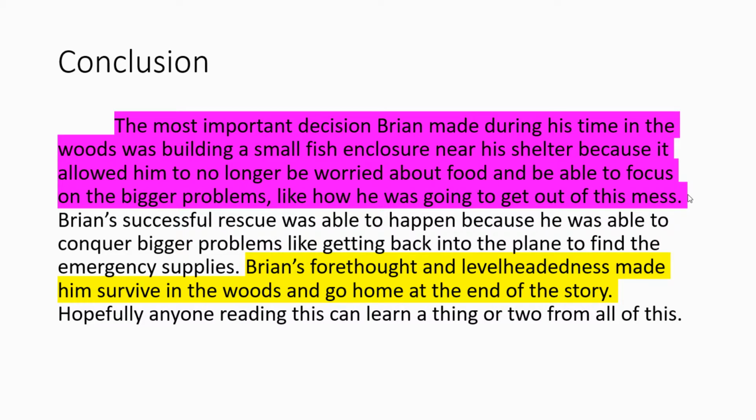The introduction and conclusion are for me to say, listen, this is what you're about to read, or this is what you did read. Okay, sort of repeating myself and making sure that the reader understands at the end of my essay, this is what this person was trying to prove to me. And now the question is whether I did or did not. That doesn't come down to the introduction and conclusion. It comes down to the meat and potatoes, which is my body paragraphs, which is what we talked about yesterday.